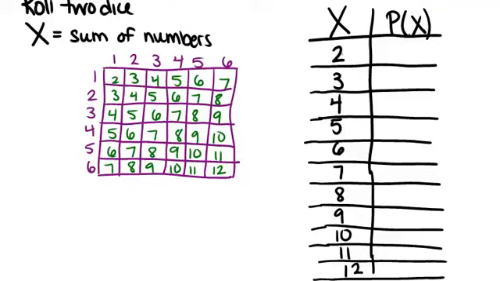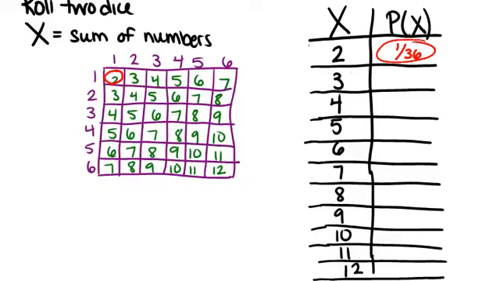So if x is 2, we want to fill in what's the probability that the sum is 2. If we look at our chart over here, there's only one place where the sum is 2, 1 out of 36 boxes. So the probability is 1 out of 36. And you would do the same thing for each of the different values of x.